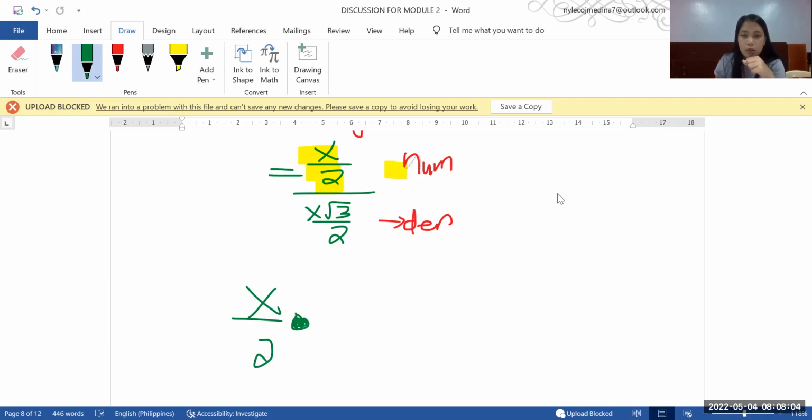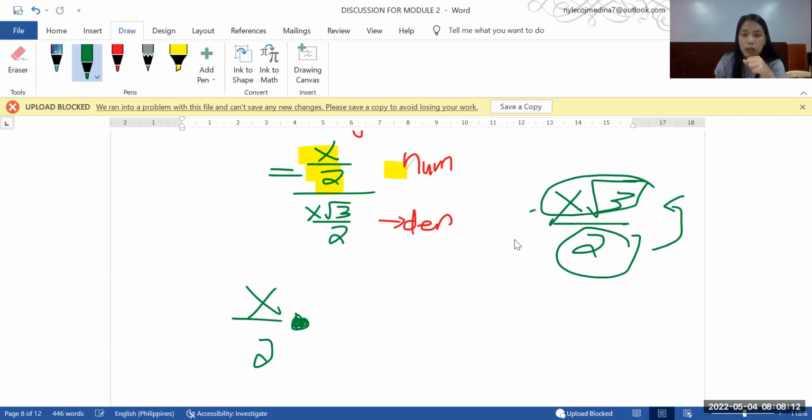So instead of x square root of 3 over 2, flip it: 2 over x square root of 3.